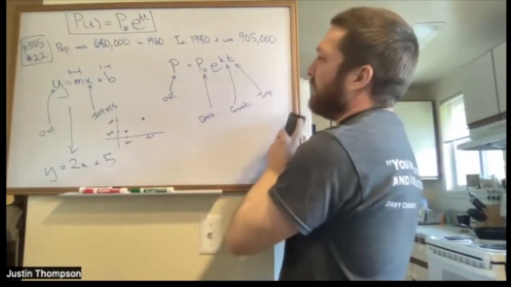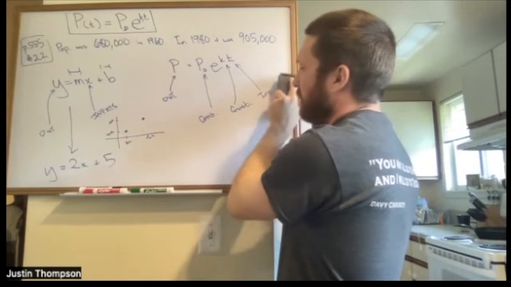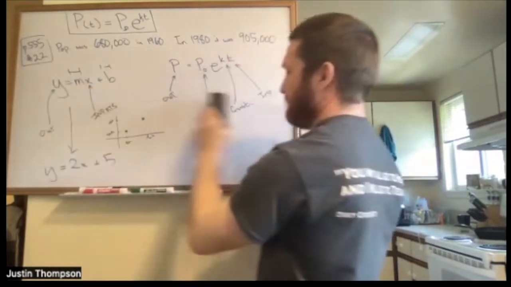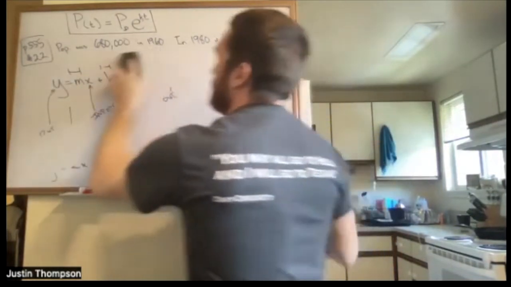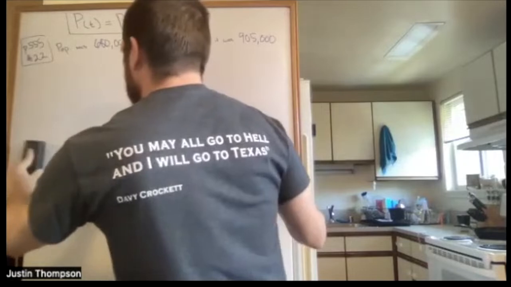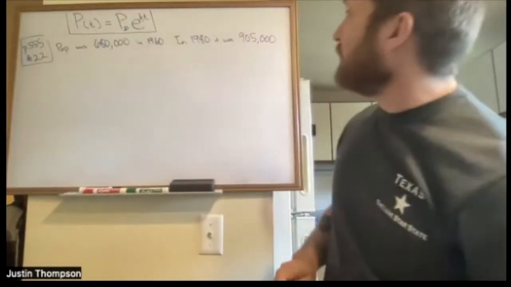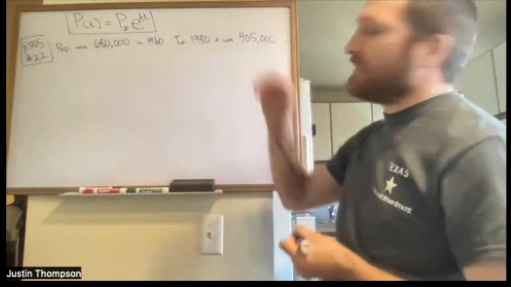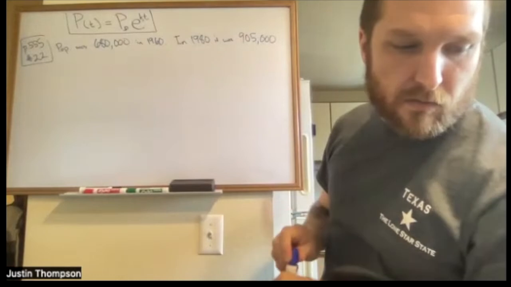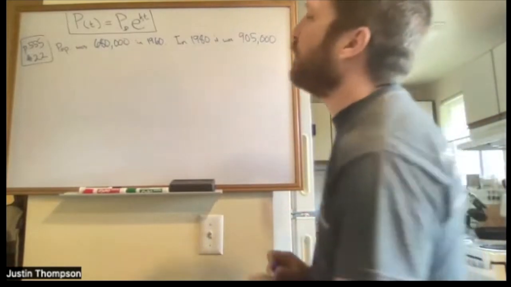So, okay, I'm going to get rid of this stuff here. Can I get rid of this stuff here? Yep. Okay. So population was this, in that it was that, and we want to know, find K in the growth formula.